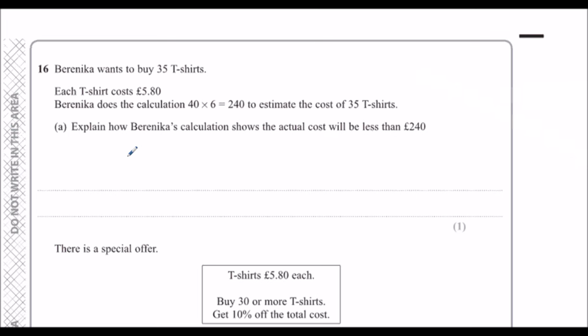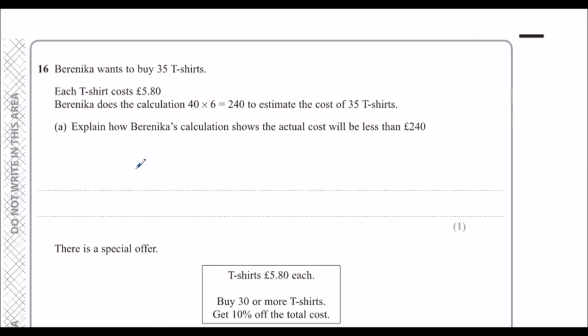Okay, question 16. Berenica wants to buy 35 t-shirts. Each t-shirt costs £5.80, and Berenica does the calculation 40 times 6 equals 240 as an estimate to estimate the cost of 35 t-shirts.